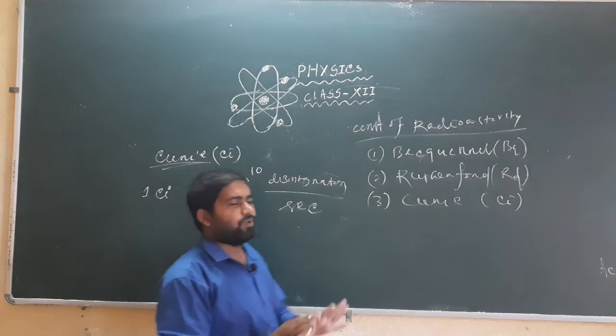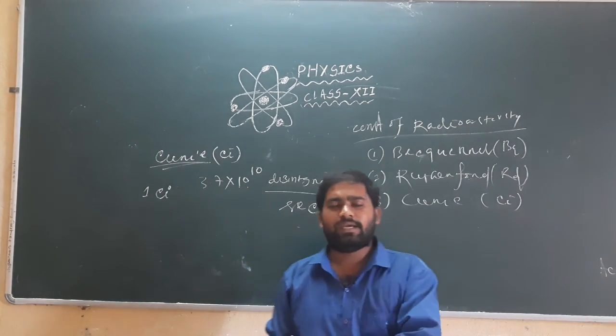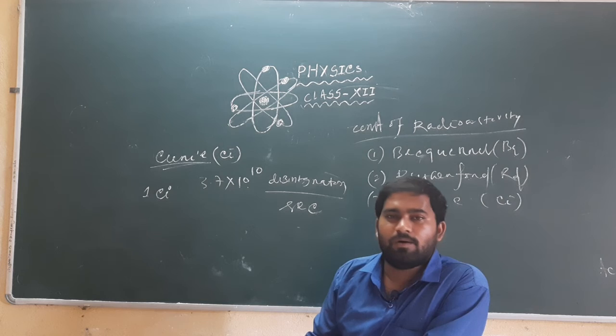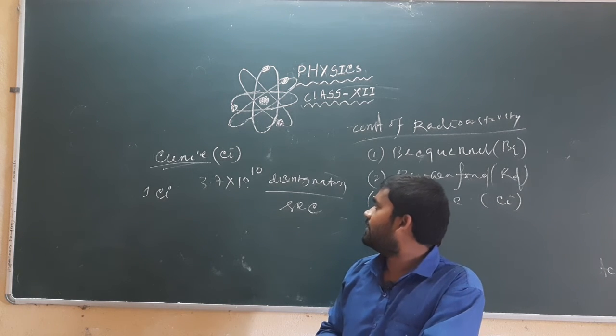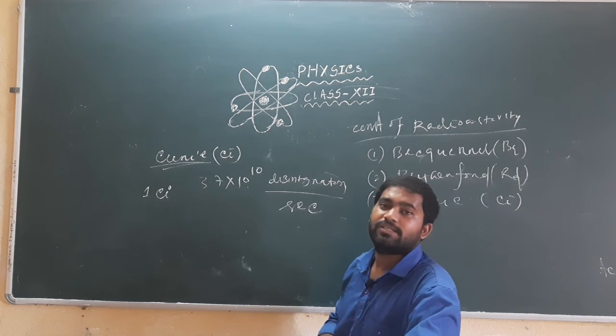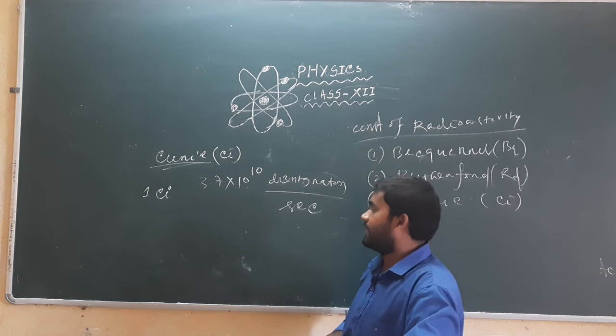So 1 Curie may be defined as a decay rate of 3.7 into 10 to the power 10 disintegrations per second.